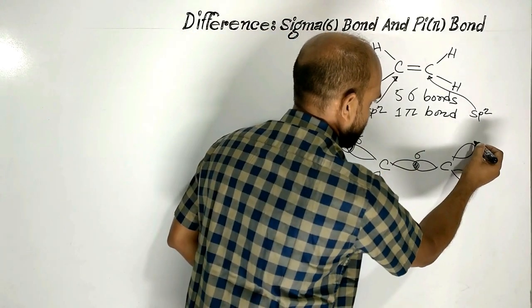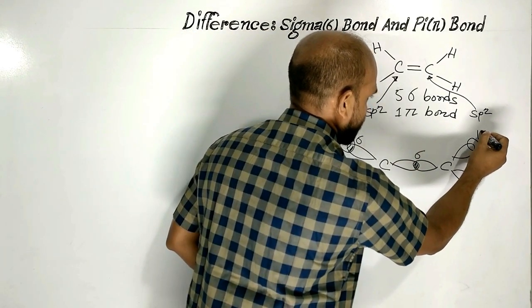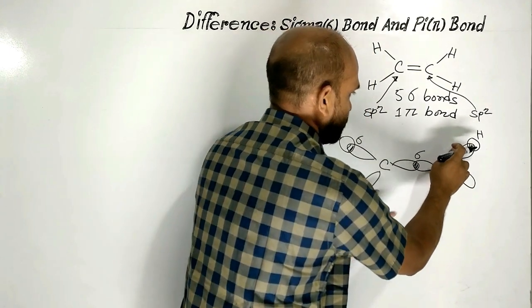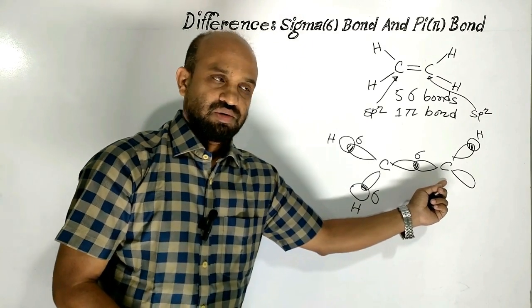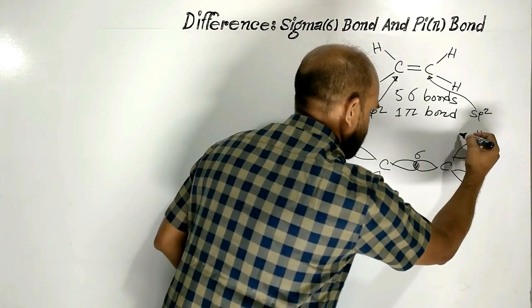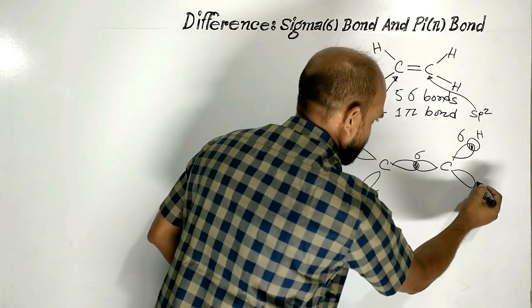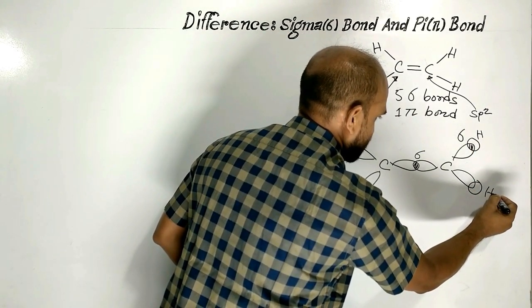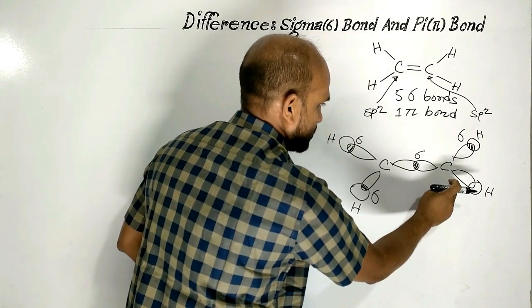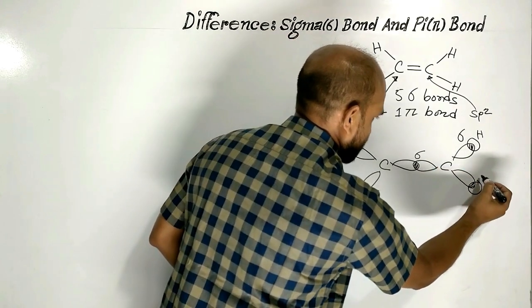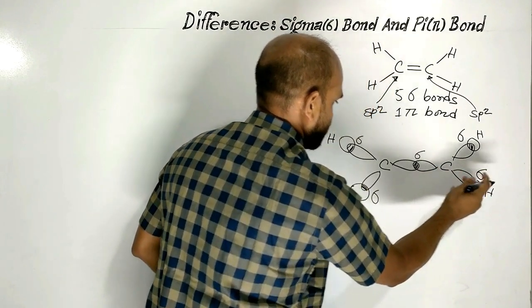With this carbon, the s orbital of hydrogen overlaps the sp2 orbital of this carbon, and another sigma bond is formed. Again, the s orbital of hydrogen overlaps the sp2 hybrid orbital of this carbon, and another sigma bond is formed.